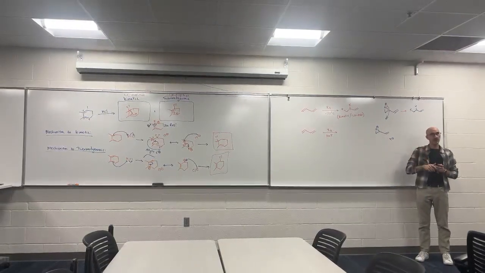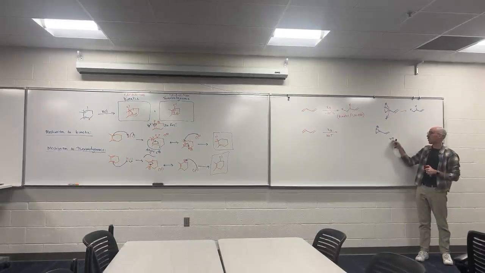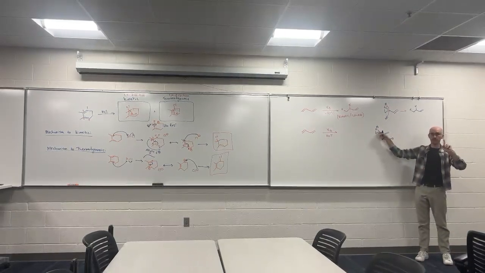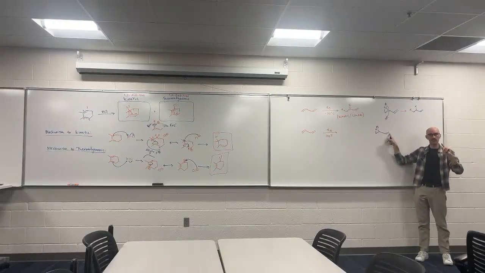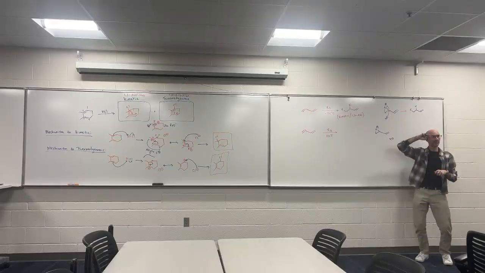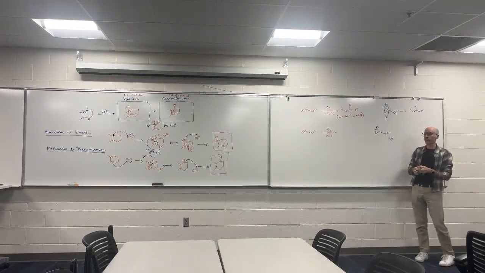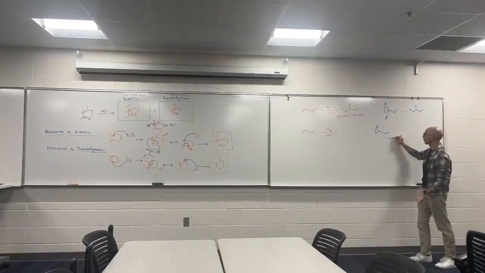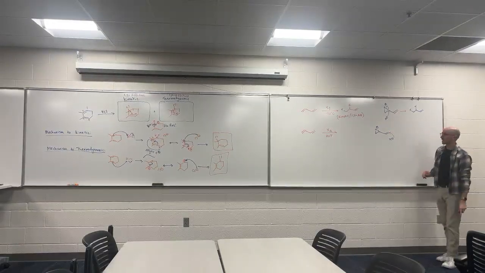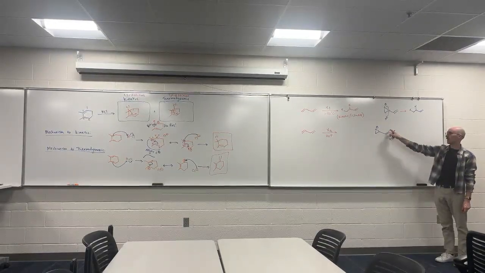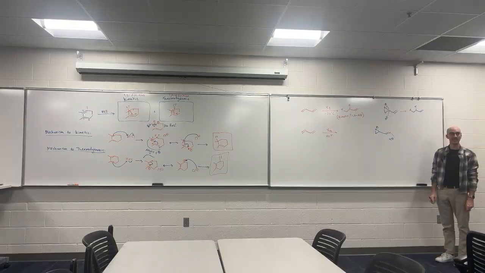So if you give this enough energy, the halide won't attack at the more substituted position. It will attack at the less substituted conjugate position. That would mean higher energy for it to do that, but the result is a more stable product. The halide attacks at this terminal part of the alkene.